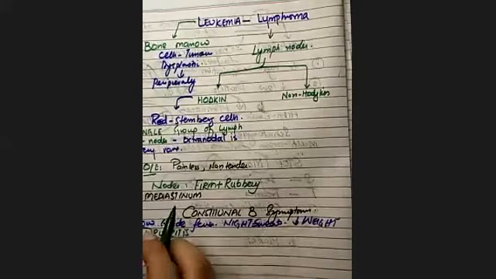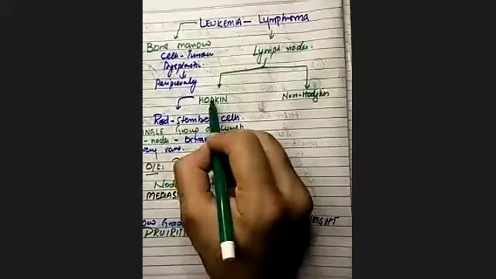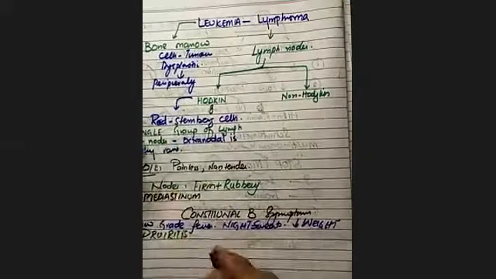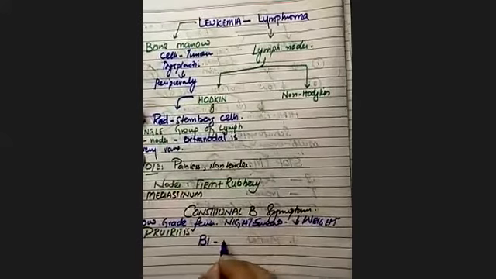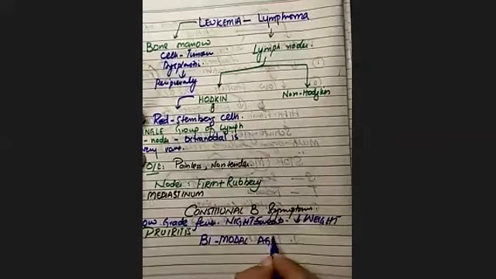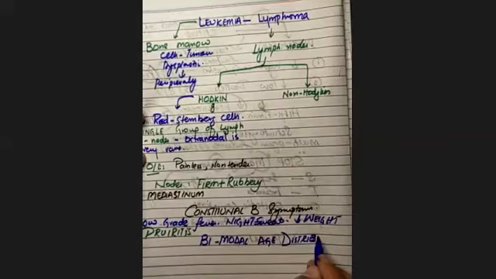So one thing you should know is that in Hodgkin's lymphoma, you have bimodal age distribution. What is bimodal age distribution?